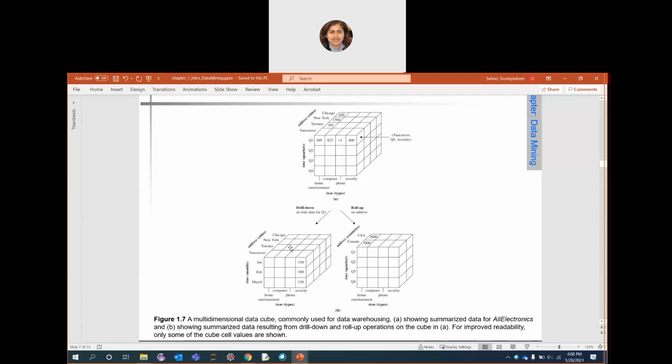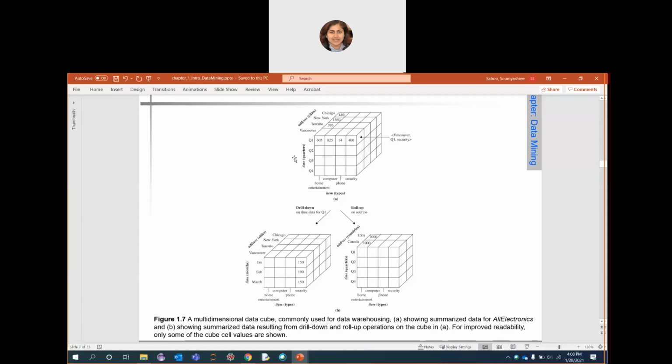Then there are other two structures as well if you see in figure B. So here, for instance, we can either apply the drill down method or the roll up method. In the drill down method on the sales data, we are summarizing the data by quarter to see the data summarized on a month basis.